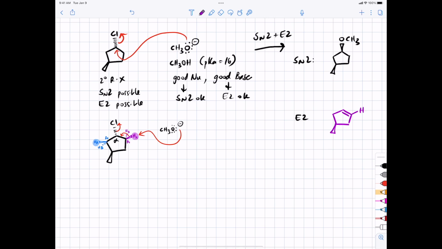And notice that purple proton B is left behind, whereas purple proton A is removed.